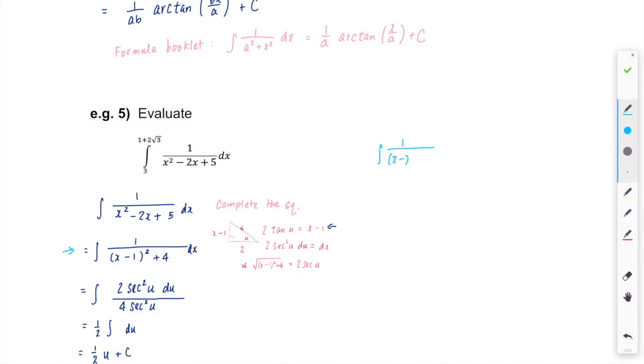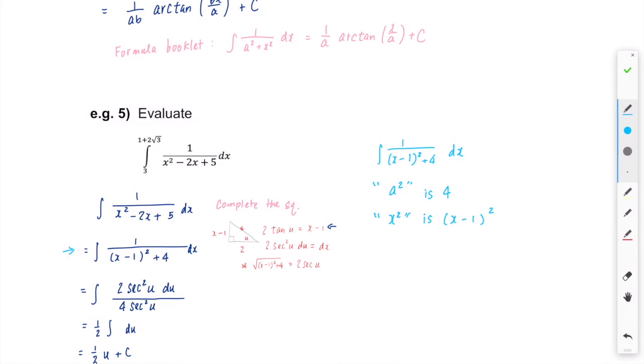So here we can pretend in this expression, let me rewrite it, squared. If we write it out like that, taking the place of a squared is 4. And taking the place of x squared, the variable is x minus 1 squared.